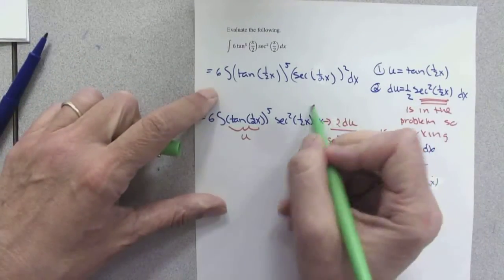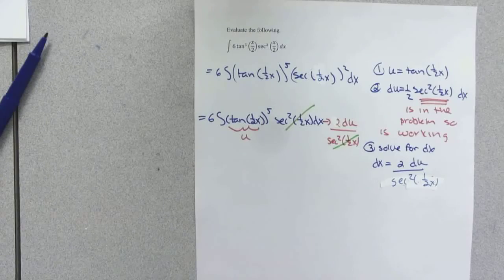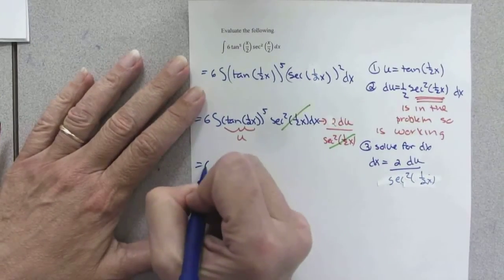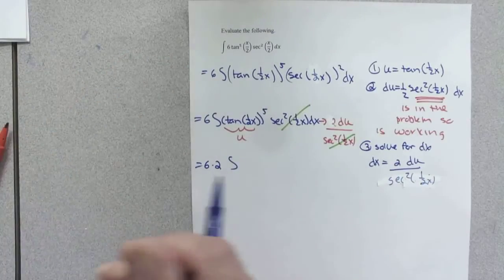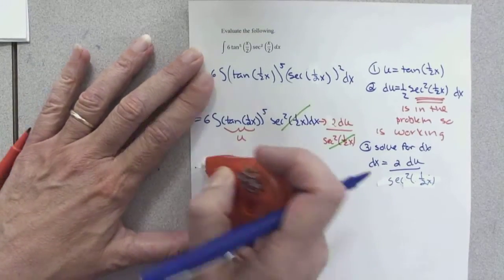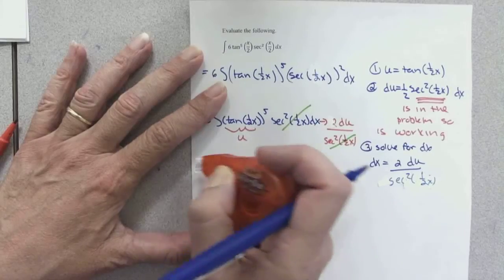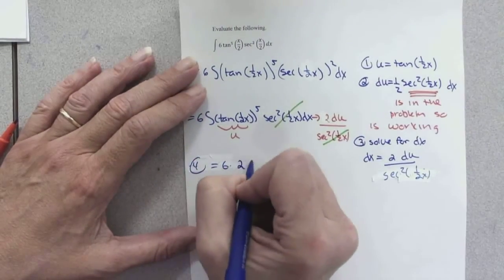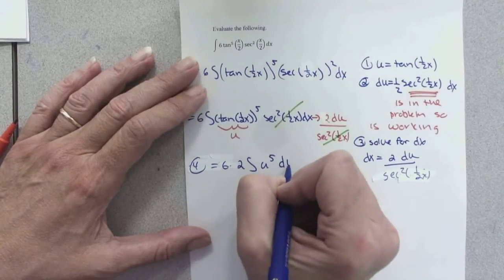And we get the canceling. That 6 and the 2 can both come out to the front. Yes, I could certainly call that 12, but I want to be really explicit. So when I do my substitution, step 4, I end up with 6 times 2 u to the 5th du.